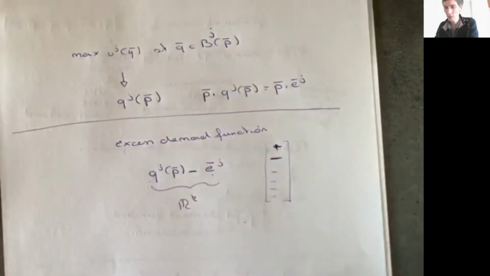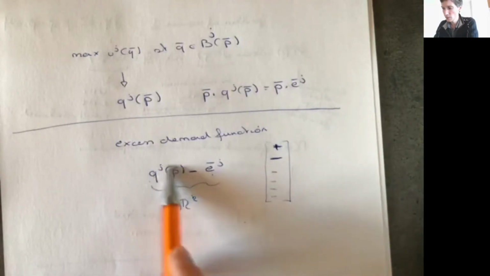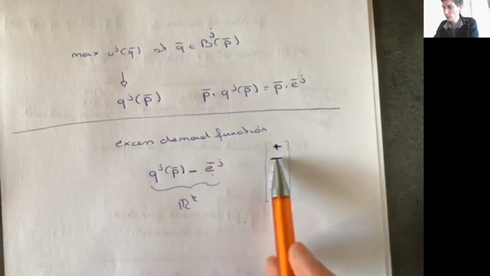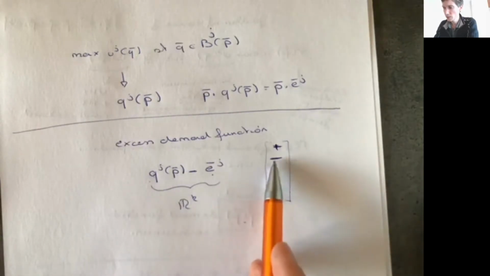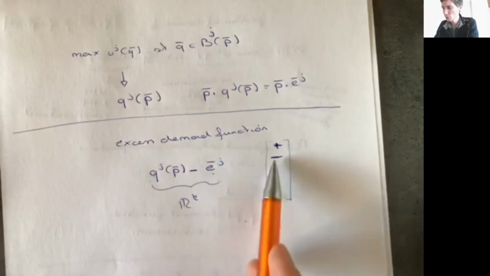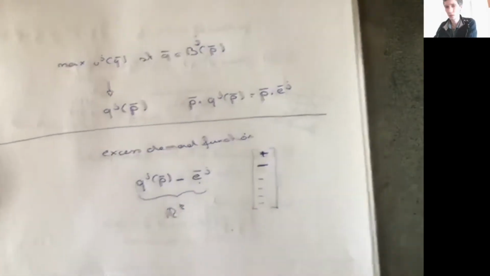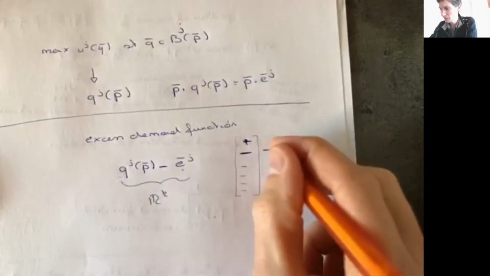On the other hand, if the entry of the second good is negative, then the consumption of the second good will be smaller than the endowment, so there's negative excess demand, right? The consumer has more of the good than he consumes, so he will be a net seller of the good. So maybe this is the right way to say it.